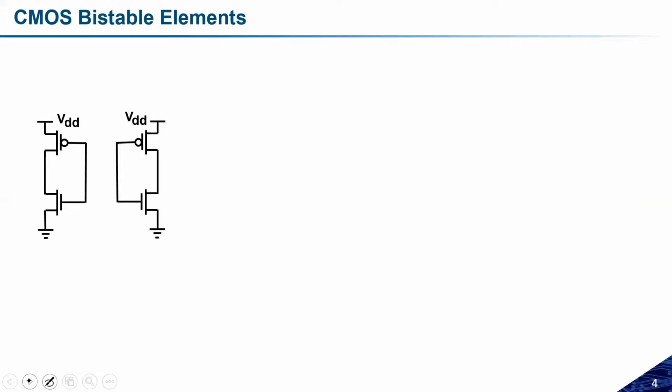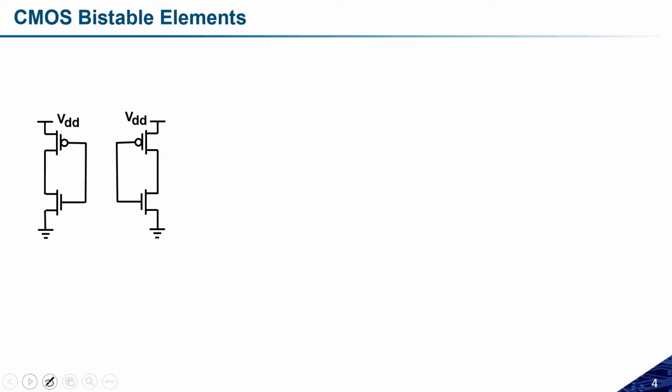So for the CMOS bistable element, suppose I have a simple inverter, something like this, and another inverter like this, where this is the input for this one, this is the output. Similarly, this is the input and this is the output. What I have to do is connect the input of one inverter to the output of the second inverter, and vice versa.